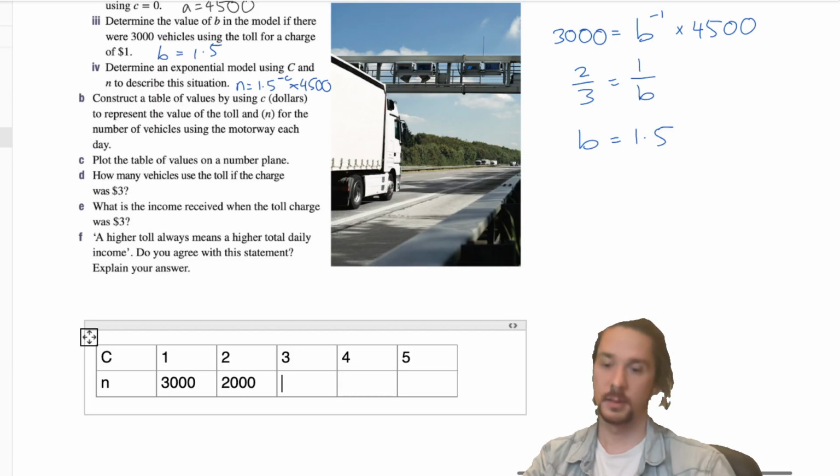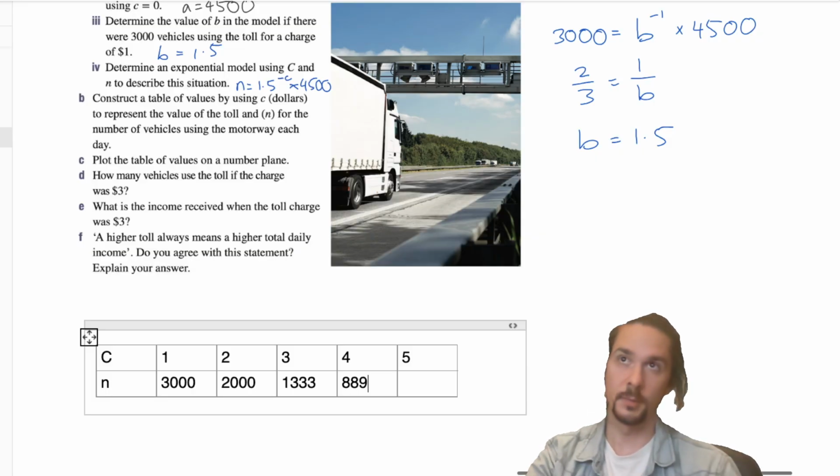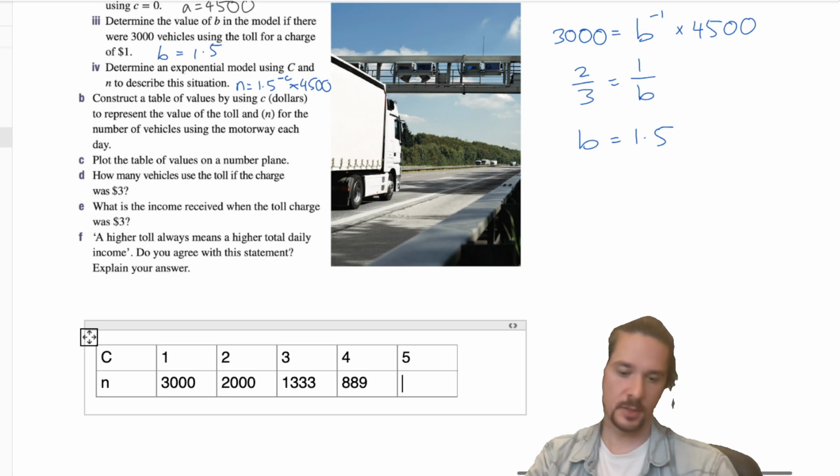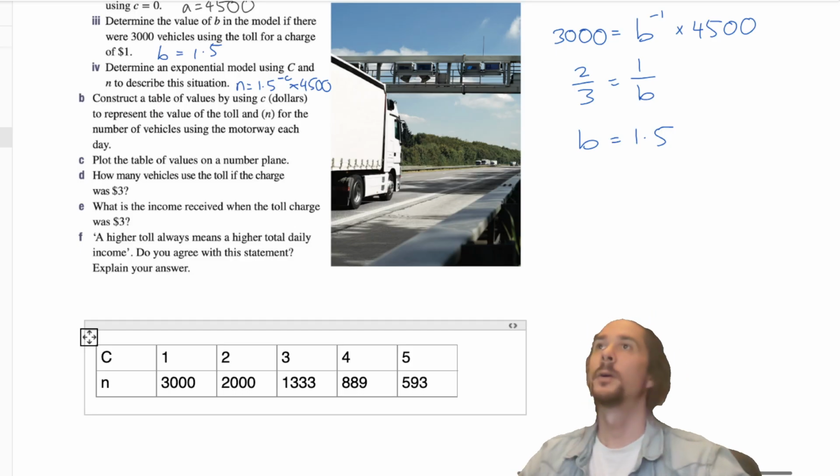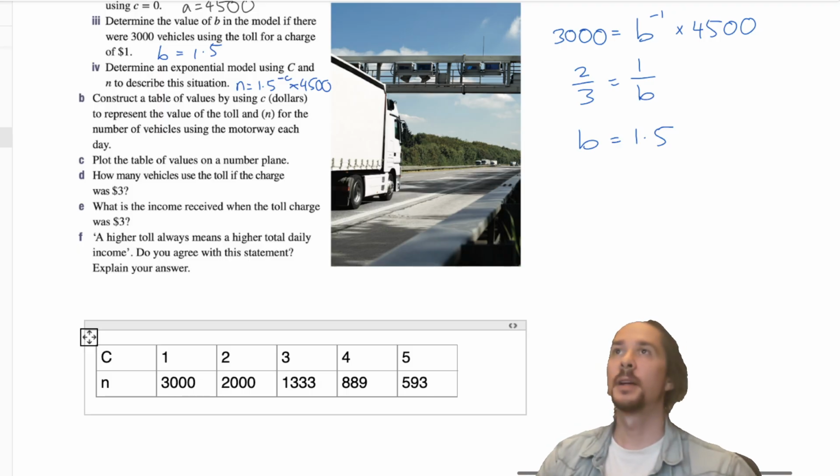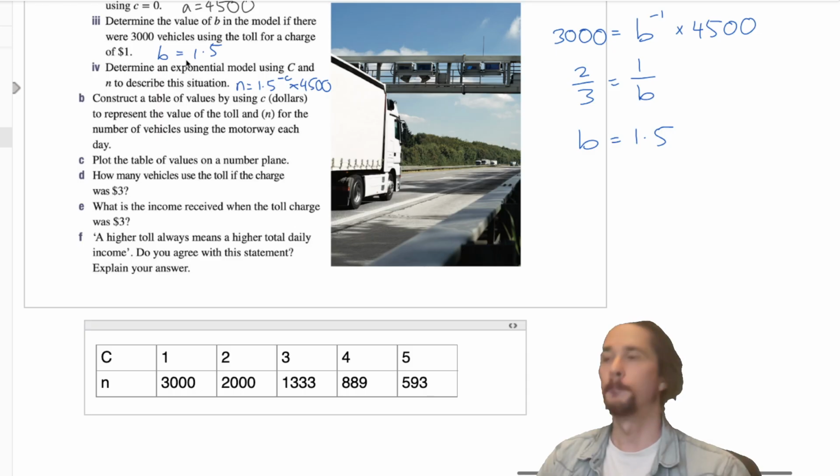And that's rounded to a whole number. It's this. And then if I change that power to a negative 4, then rounded to a whole number, it's this. And if I change it to be a negative 5, then rounded to a whole number, it is this. Okay. Plot the table of values on a number plane.